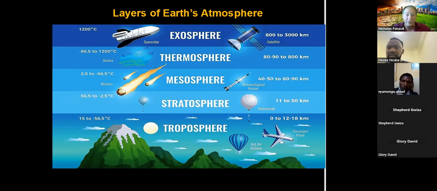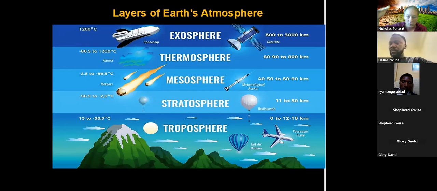Beneath that, we have the thermosphere. If you ever see the aurora borealis, that's happening up in the thermosphere. The mesosphere is where there's enough oxygen and enough gases that when a meteor is passing towards the Earth, that's where it will start to catch fire and burn up. That's between 40 to 90 kilometers above the Earth.